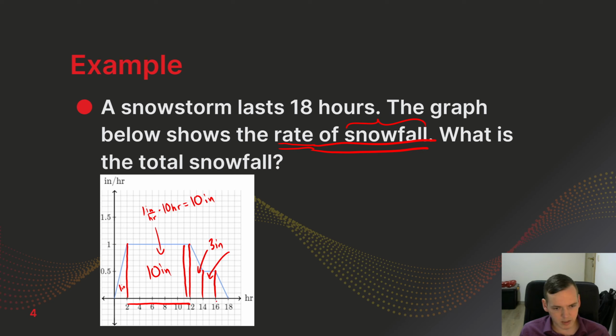This area right here is 2 times 0.5, so that's 1 inch. And this area right here is 2 times 0.5 divided by 2, so that would be 0.5 inches. So we add all that up, 1 plus 10 plus 3 is 14, 15, 15.5 inches.